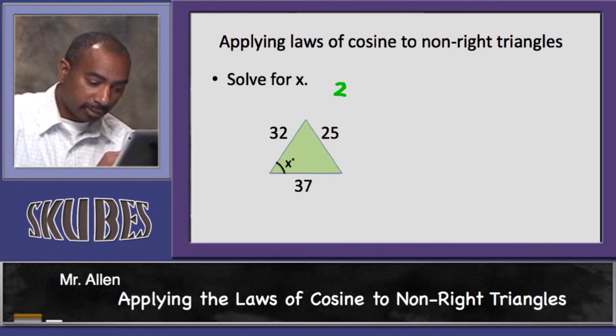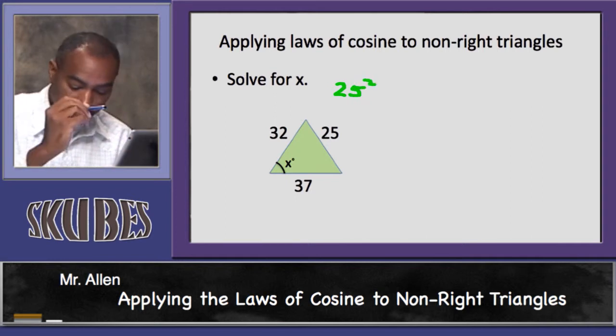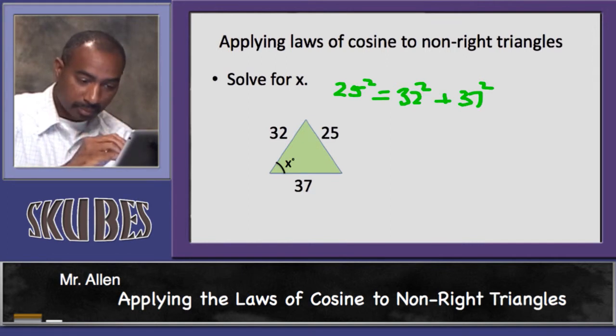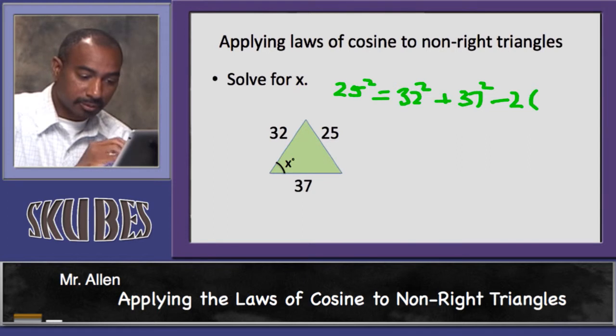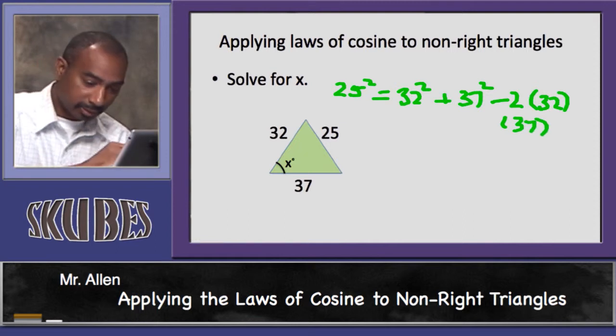You're trying to find this angle, so you take the opposite side, which is 25, squared, and set that equal to 32 squared plus 37 squared minus 2 times the product of these two sides, 32 times 37, times the cosine of x.